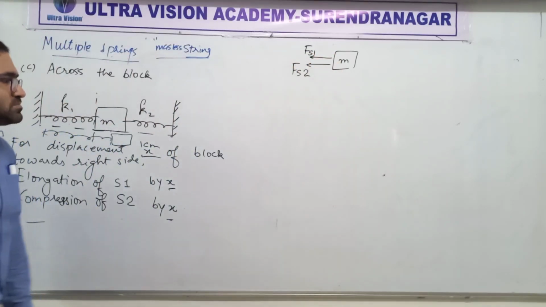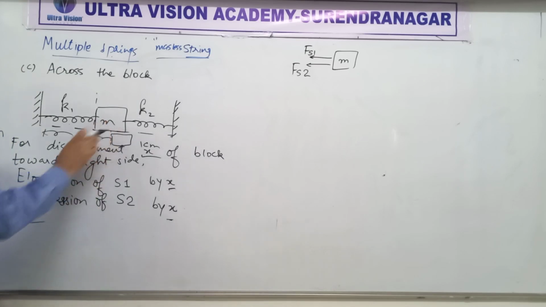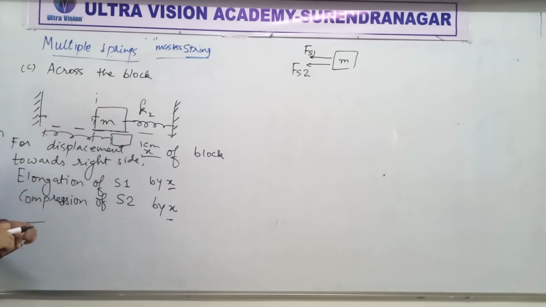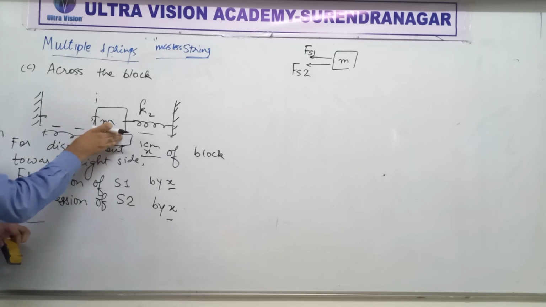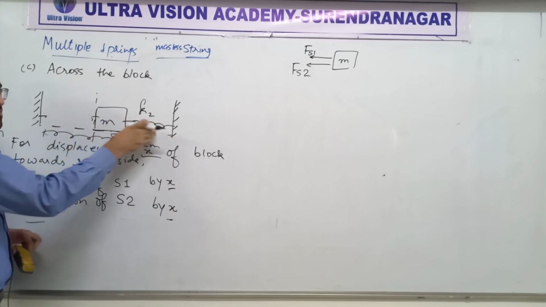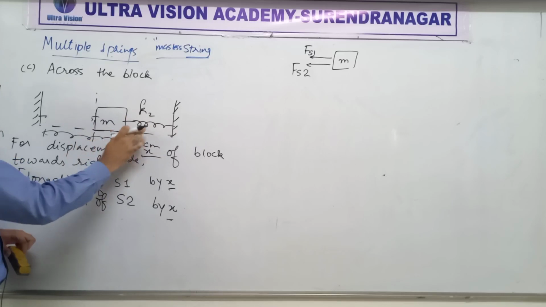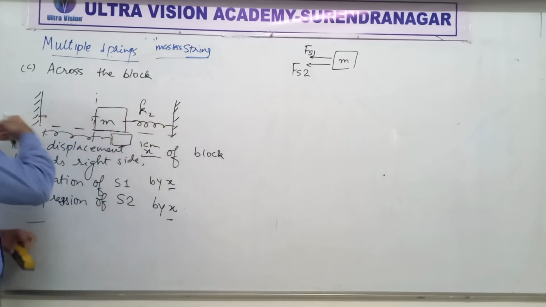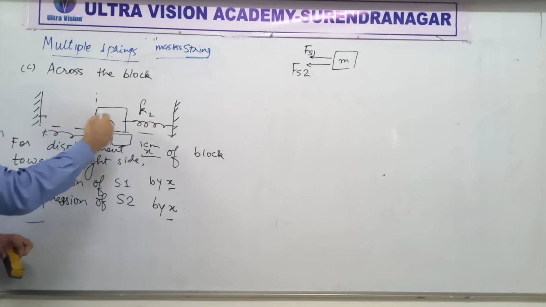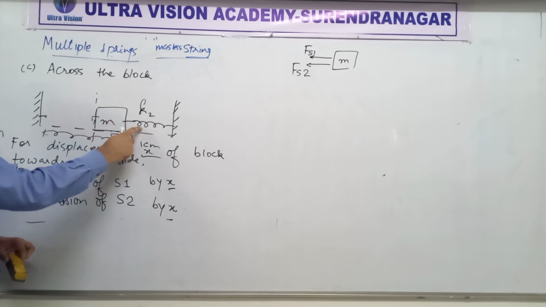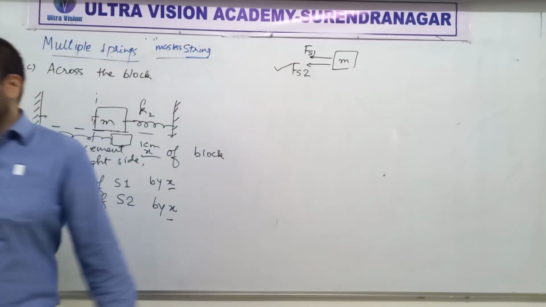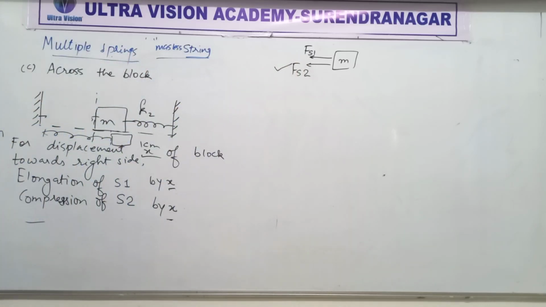Why so? Listen, for the time being, let's even ignore this. We are clear about spring force 1. Now it's like this: you push it towards the right side, you displace it towards the right side. This will get compressed. So if it will get compressed, it will try to push this back. Yes or no? So Fs2 is clear, left side. Fs2 clear or not?